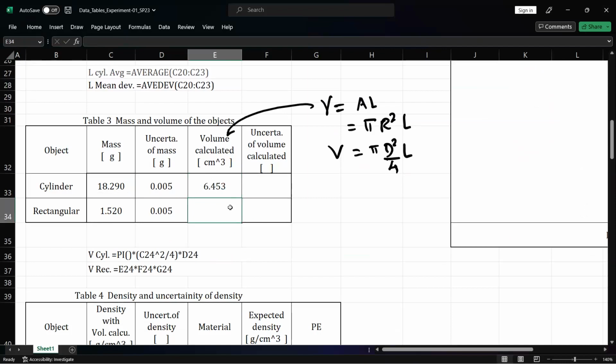And that will give you the calculation. The rectangle is the length average E24, width average F24, times the thickness average G24 from table 1. And the function is right here.